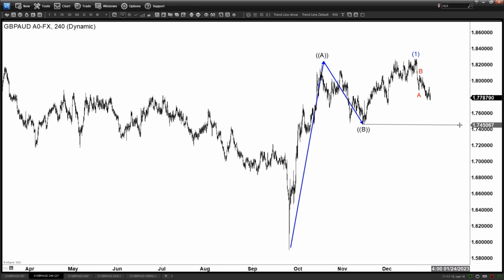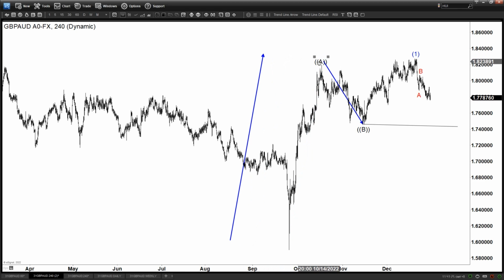Now the only way that we might not potentially rally is if this is doing some sort of expanded flat from this peak here. So we can do an expanded flat like an A, a B, and then a C leg. Now if that's the case, then this becomes 5 waves down like this, right? So instead of an A, this can become 1 2 3 4 5, and then that should be ending the B again as an expanded flat.